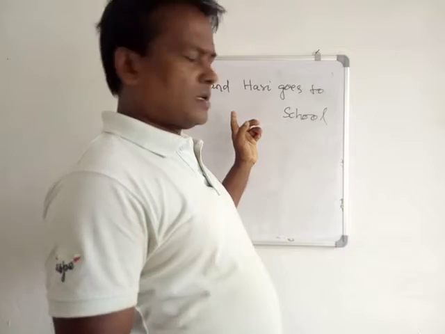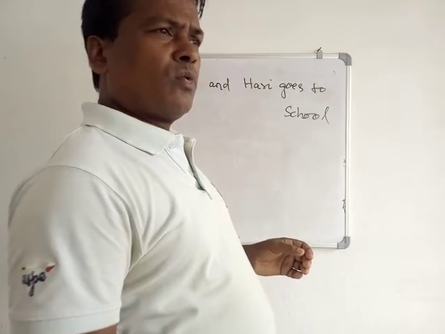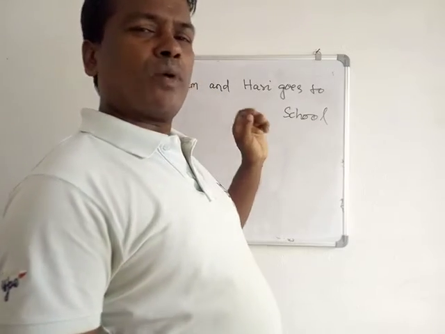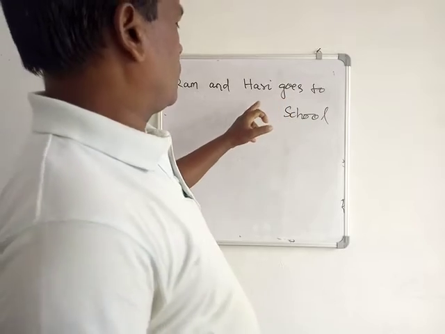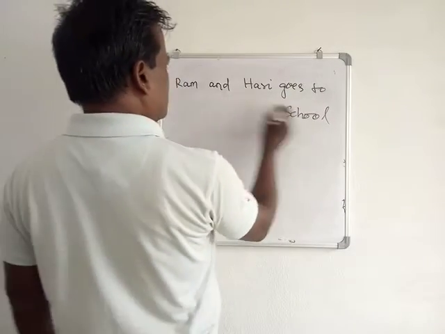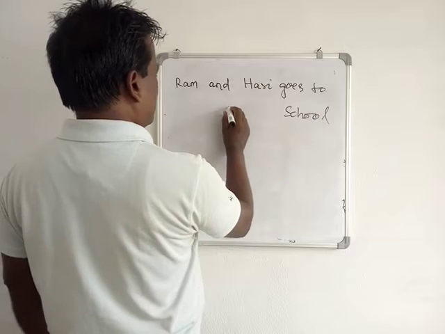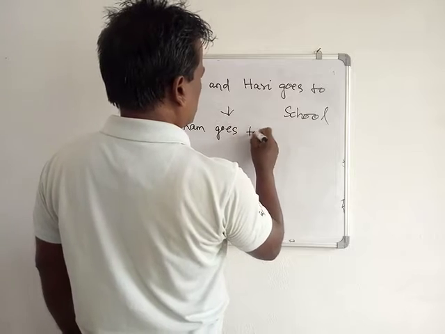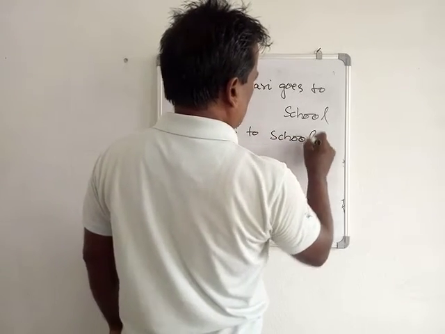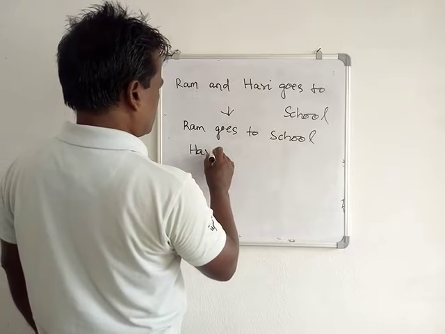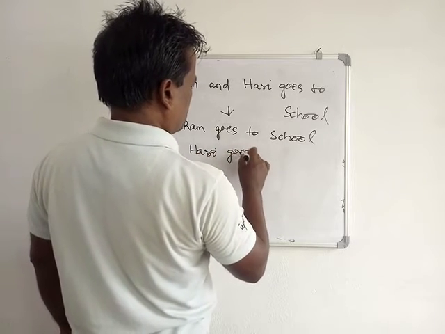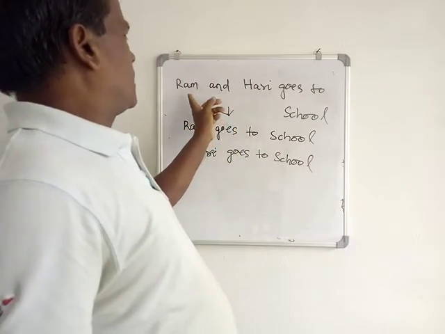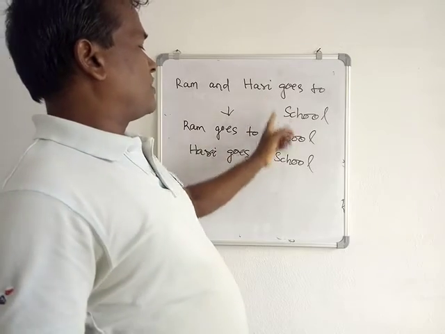Because in the definition of sentence, we have learned that a sentence has one clause or more than one clause. Is it one clause? No, it is two clauses. If you divide the sentence, we will find Rama goes to school. Similarly, Hari goes to school. These are two clauses.